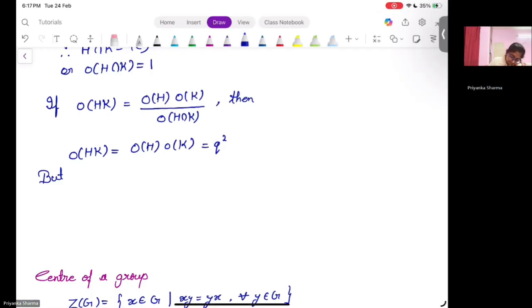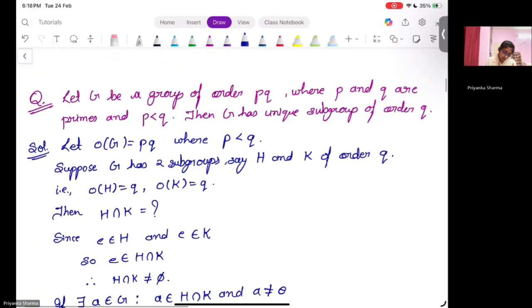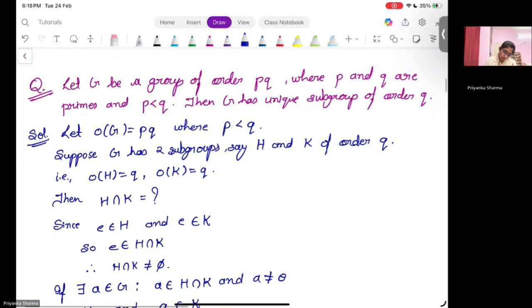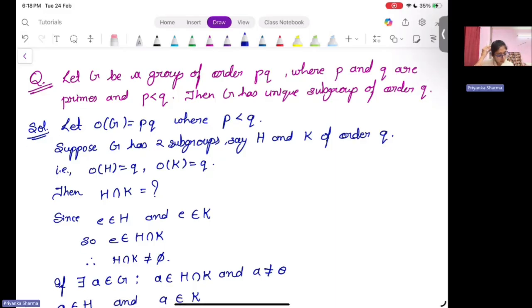But HK, this is a subgroup of G. Why is this a subgroup? Because we are taking a group of order PQ.